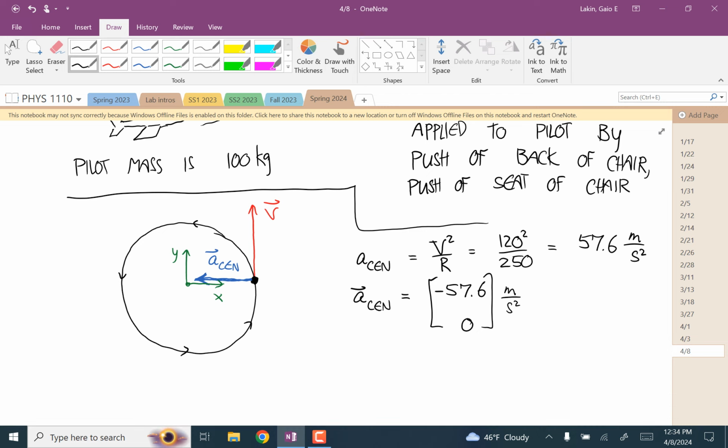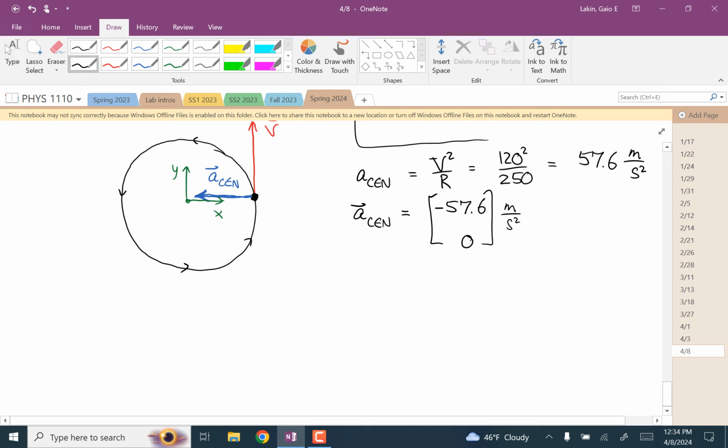Okay, we already figured out this is uniform circular motion. So the total acceleration is the centripetal plus the tangential, but we don't have any tangential in this problem. So the total acceleration is negative 57.6, 0.